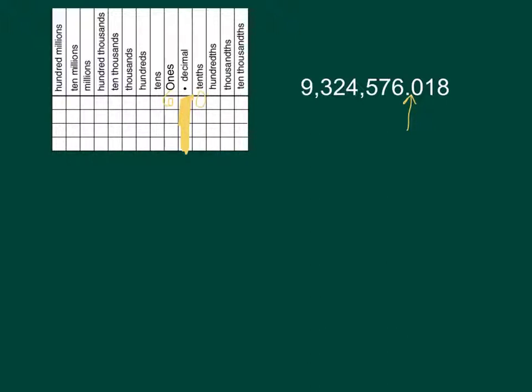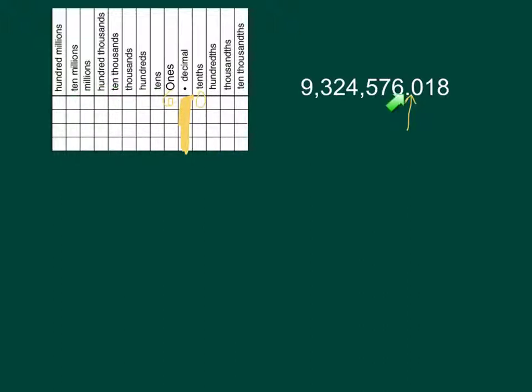Now, if I were to ask you which one of these digits is in the millions place, again, we come over here to our chart, find our decimal, and we keep reading these until we come to the millions place. Aha, here's the millions. So here's the decimal, and it's 1, 2, 3, 4, 5, 6, 7 places over.